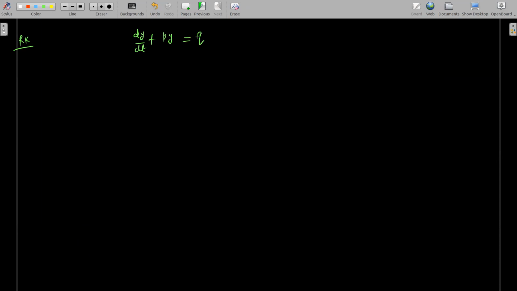Do you remember how you find the solution of this equation? By writing the integrating factor. Okay, you know how to write the solution of this equation. Can you give me any idea? You multiply both sides with the integrating factor. Just multiply both sides with e power integral p dx.